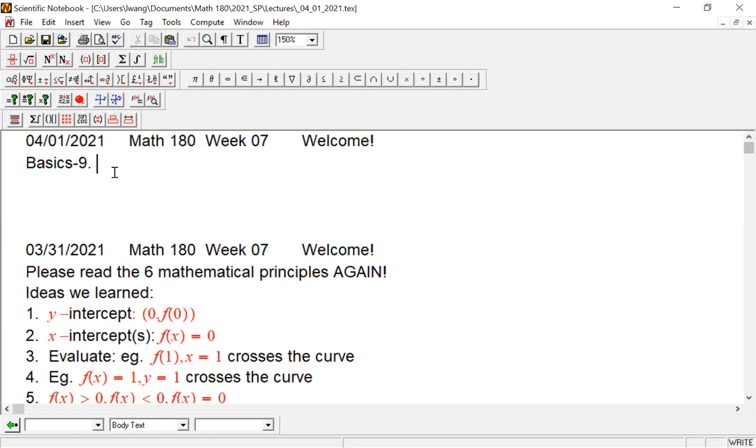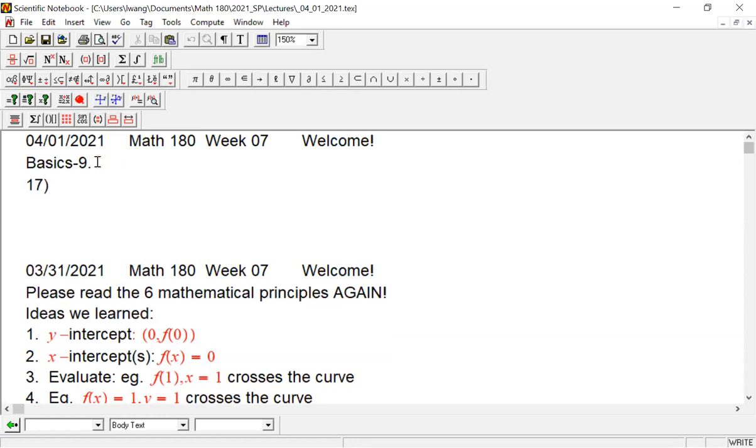Take an example of number 19. Okay, so let's look at number 19. Oh, sorry, 17. We have negative x squared minus 2x plus 3 less than or equal to 0.